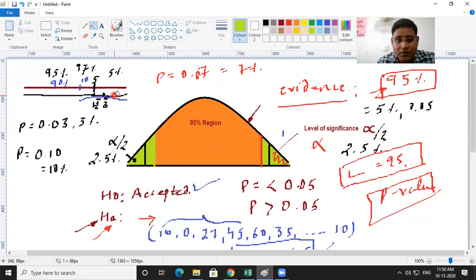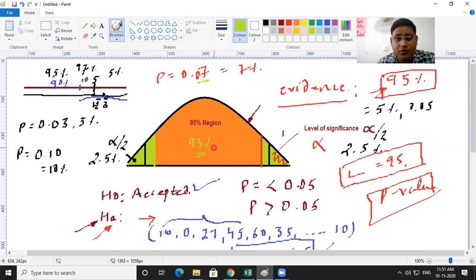So my level of confidence will reduce to 93% only, because my level of significance is 7%. My p-value is showing me it is 7%, so my level of confidence reduces to 93%.